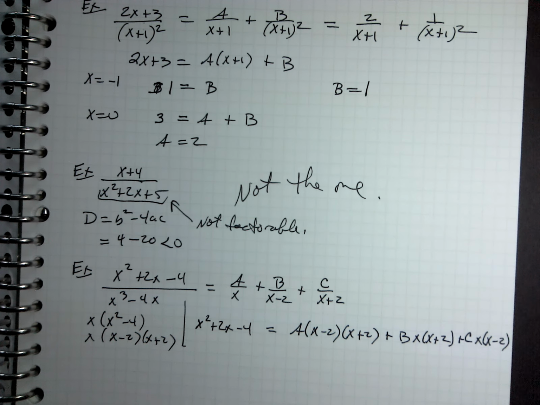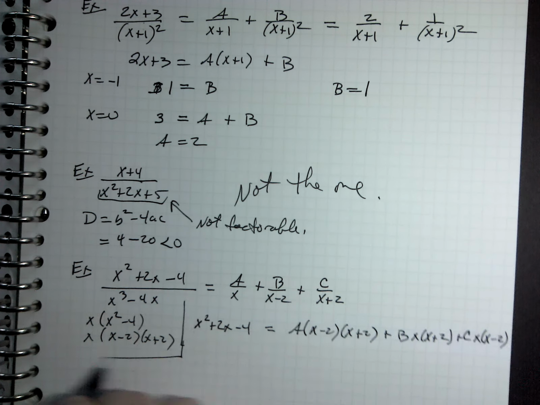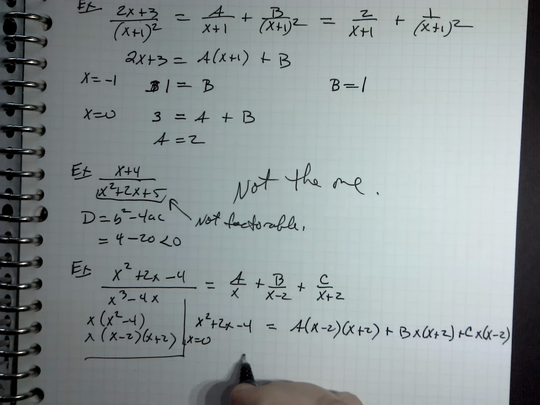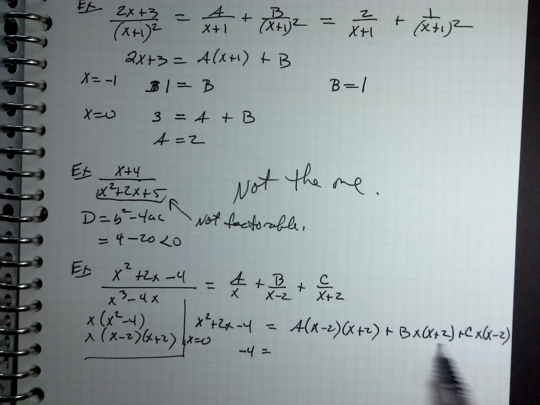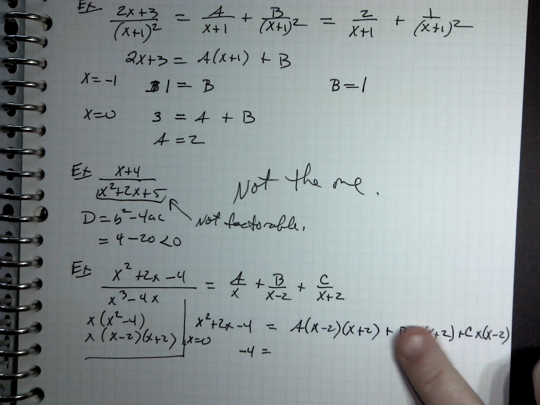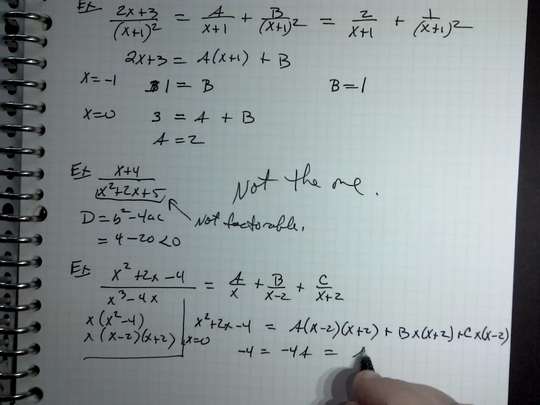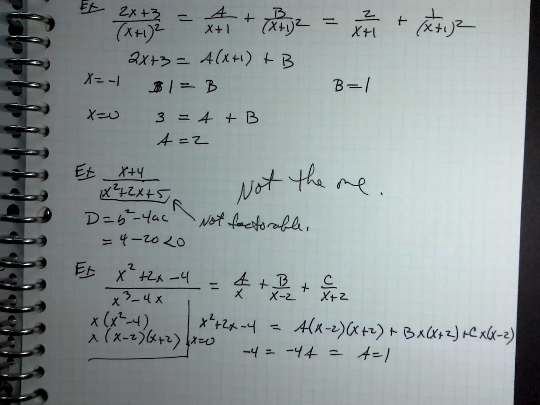So now let's figure out what a, b, and c are. My first choice for x will be x equals 0. If x equals 0, on the left I have a negative 4. On the right, that's a 0, that's a 0, so the b and c are gone. But if I stick a 0 in here, I'll have negative 2 times a positive 2, so I get negative 4a. So a equals 1.